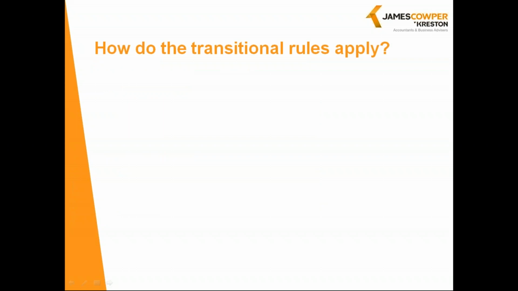Back to Catherine. So how do the transitional rules apply? So far we've just covered what happens at the inception of a lease under IFRS 16. But what happens if you have leases that are part way through their term when IFRS 16 applies? IFRS 16 helpfully provides some transitional options.